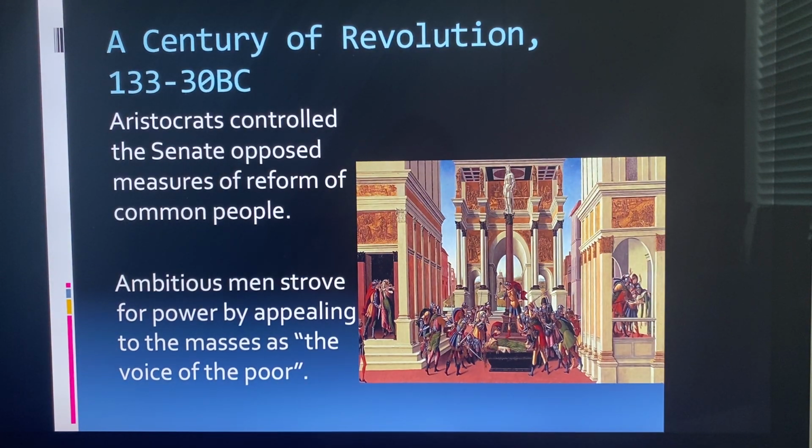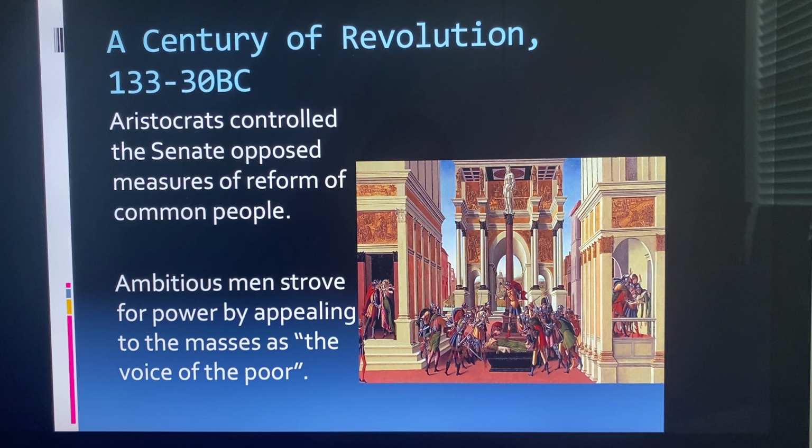A century of revolution. So revolution is turmoil. 133 to 30 BC. The aristocrats, the very wealthy, controlled the Senate and opposed the measures of reform of the common people. And then ambitious men strove for power by appealing to the masses as the voice of the poor.